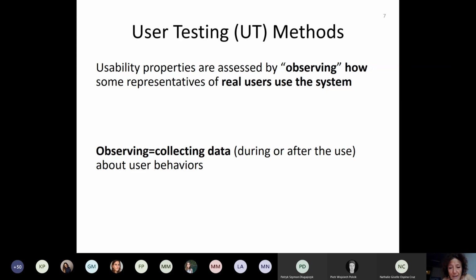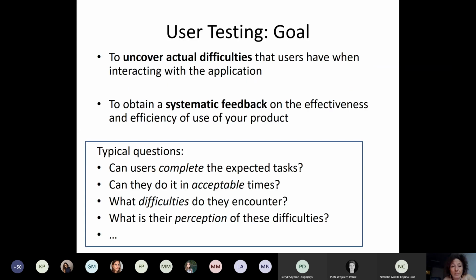Anyway, what does observing mean? Observing means collecting data during or after the use. It's collecting data about what? About user behaviors, how the user reacts to the application.